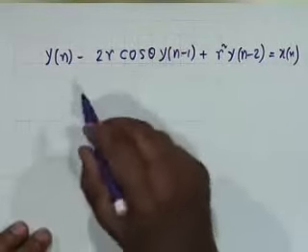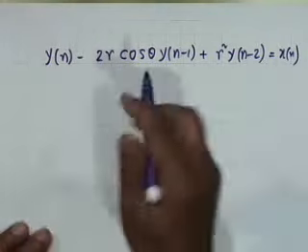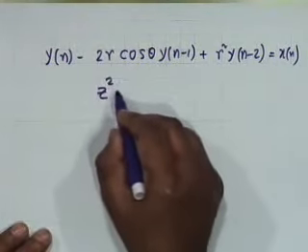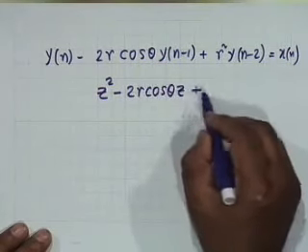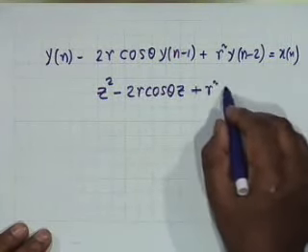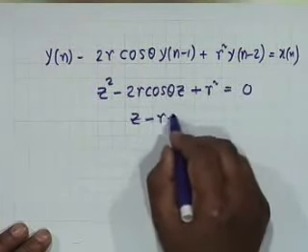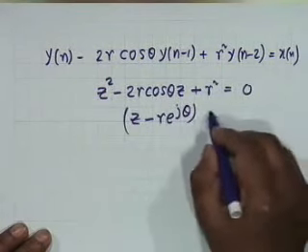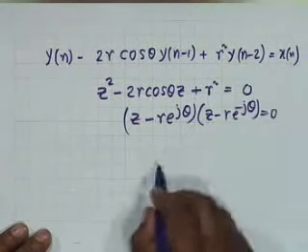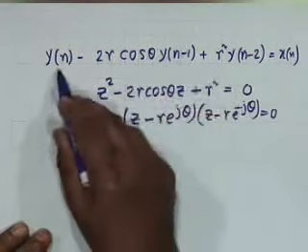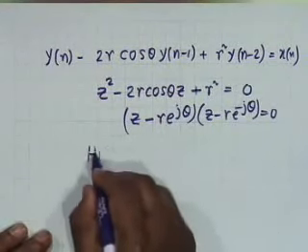If you put y of n equal to z to the n and simplify, you get a quadratic equation, z squared minus twice r cosine theta z plus r squared equal to 0. So what are the eigenvalues? Don't you see that they are r e to the j theta and r e to the minus j theta, and therefore the factors of the denominator shall now be complex.